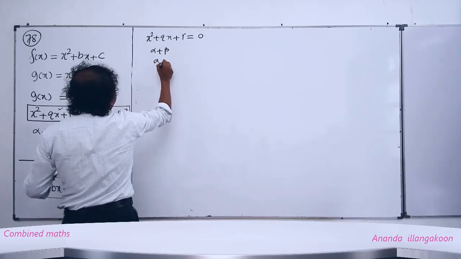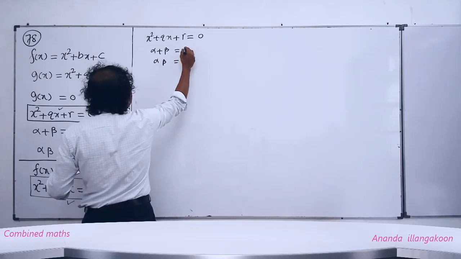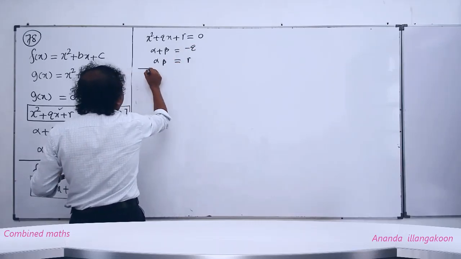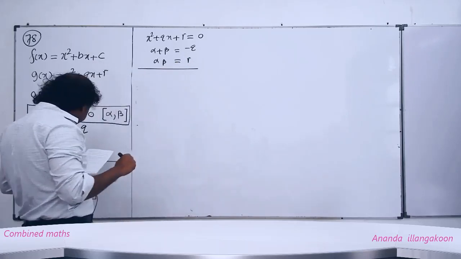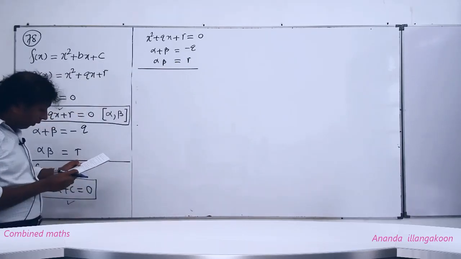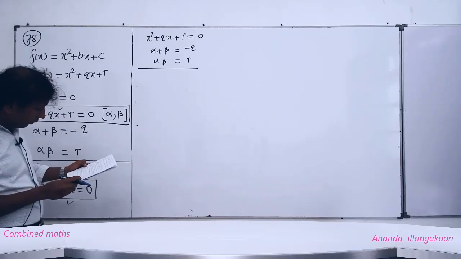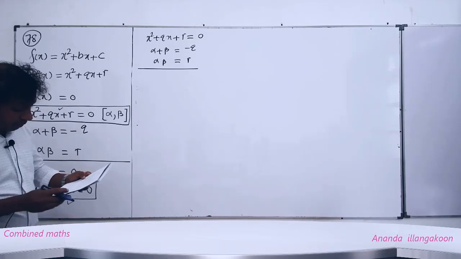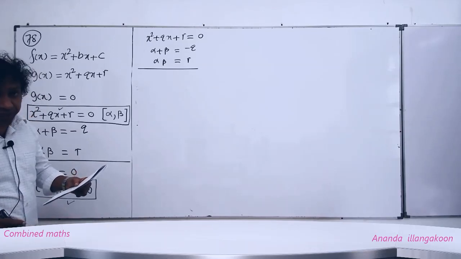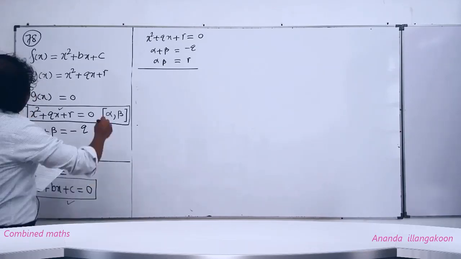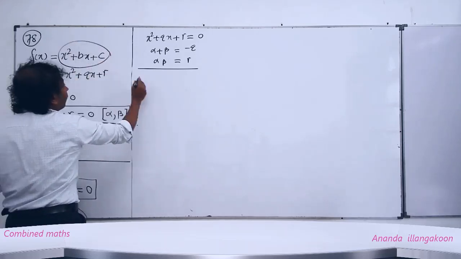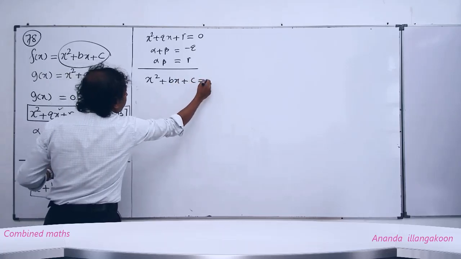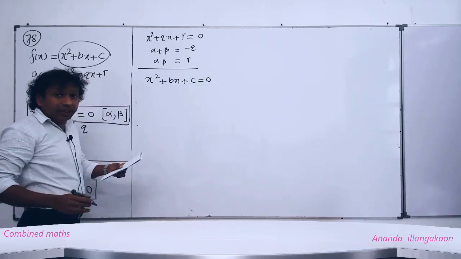Then we wrote alpha plus beta and alpha beta. Alpha plus beta is minus q. Alpha beta is r. Right. And now we are given, people, next one like this. If alpha and gamma are the roots of f(x) = 0. f(x) = 0 means this is 0, no? x squared plus bx plus c equals 0 is f(x) = 0. Its roots are alpha, gamma.